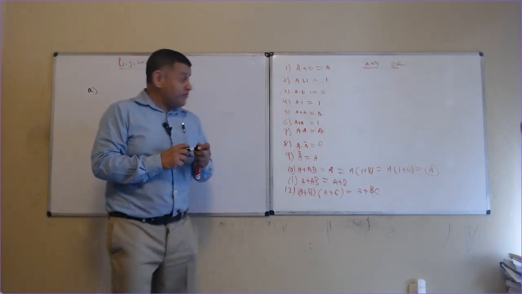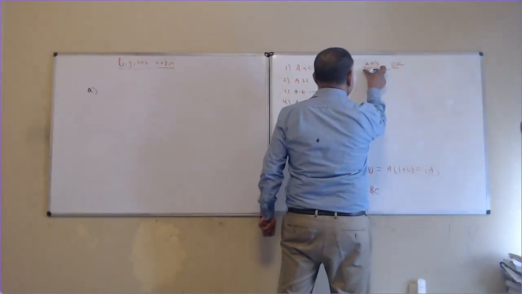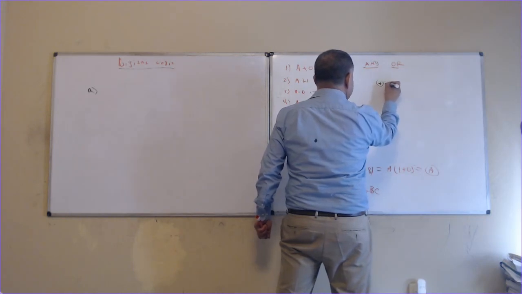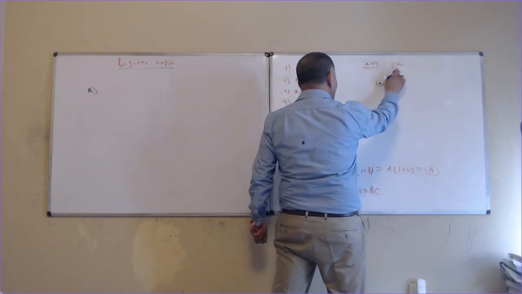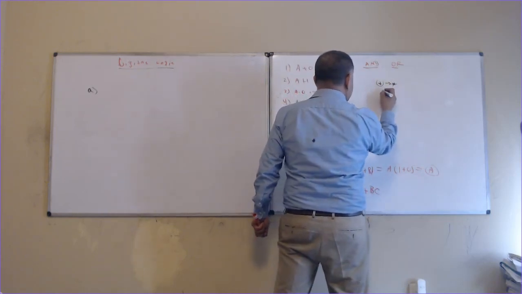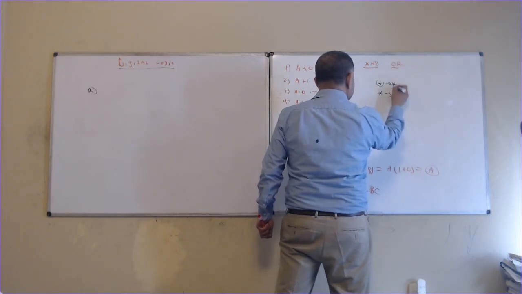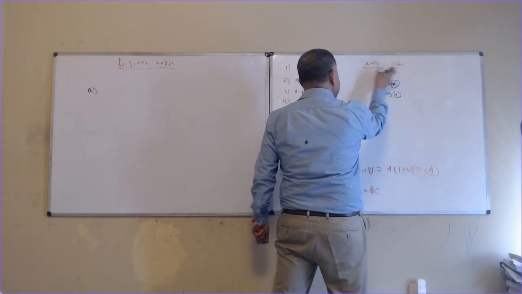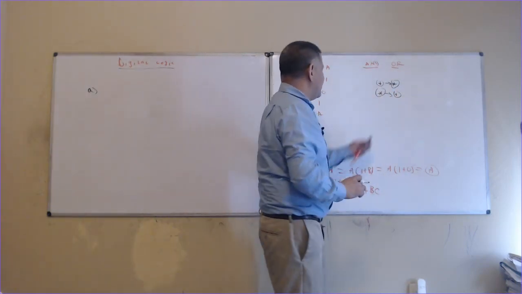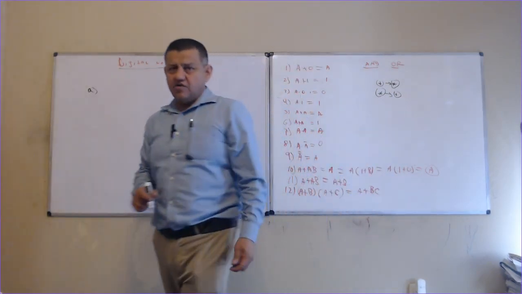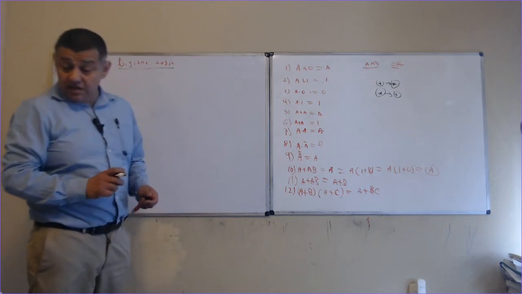Another thing I forgot to mention before we go through: when we have a plus like this, it becomes multiplication, or AND, and AND becomes OR. When we manipulate the algebra by changing the sign, they change each other. That's another rule we need to consider.